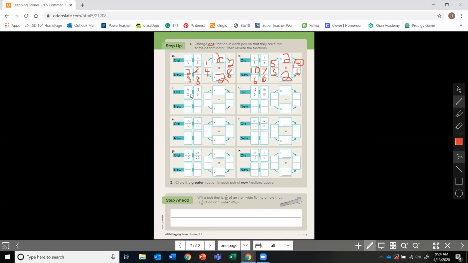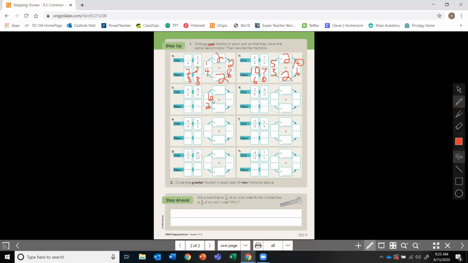All right, let's try letter C. I am going to change 6/2. Now, the reason for me choosing the particular fractions that I'm choosing is because I know that these numbers are both able to go into 2 or 3. Okay, most of the time 2 or 3 is the numbers that you're going to be looking for.